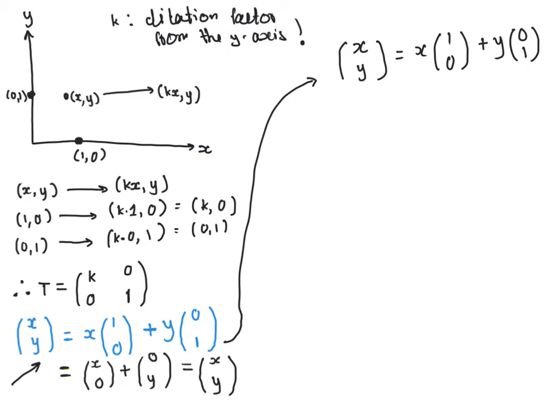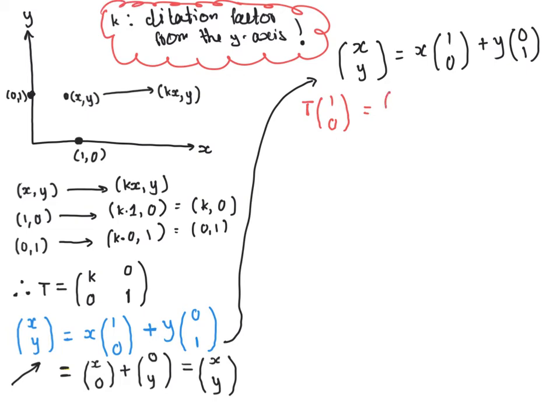And when we transform these by the transformation matrix, T of 1 0 by the factor of k becomes k 0, and when we transform the point 0, 1, it remains as it is, because we don't get any dilation from the y-axis since we're multiplying by k the x value, which is 0.